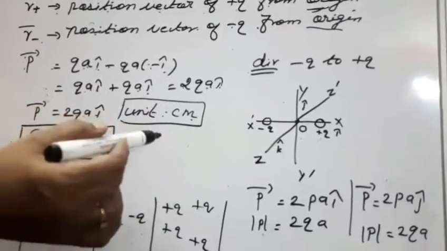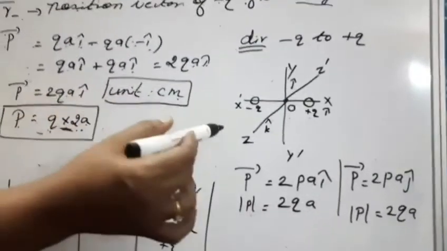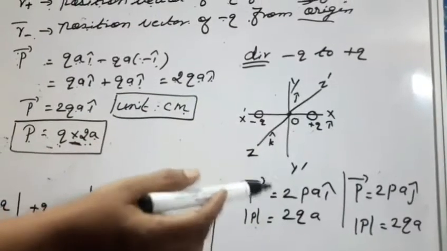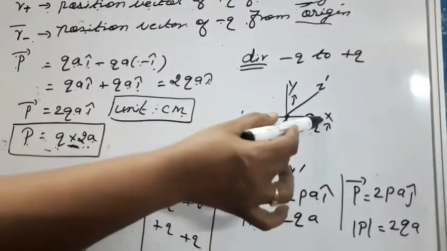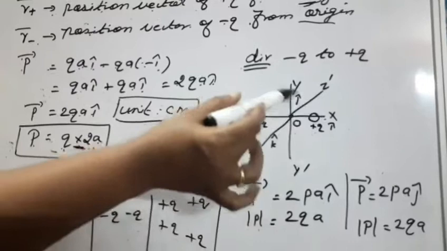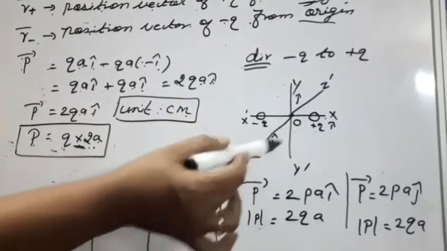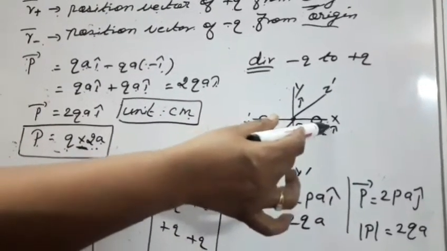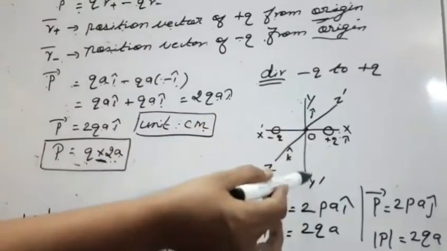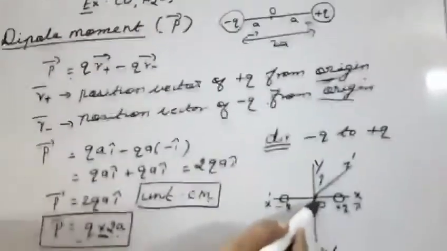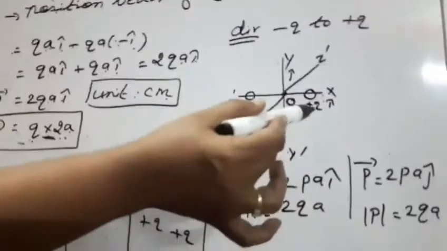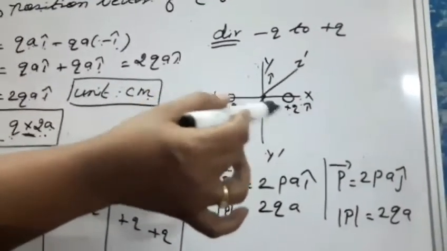And this dipole moment we discussed only for the x and y directions. Now we have to take the z direction. So here x and this is x dash, y dash, z dash, center is origin O, and here the value a is there.